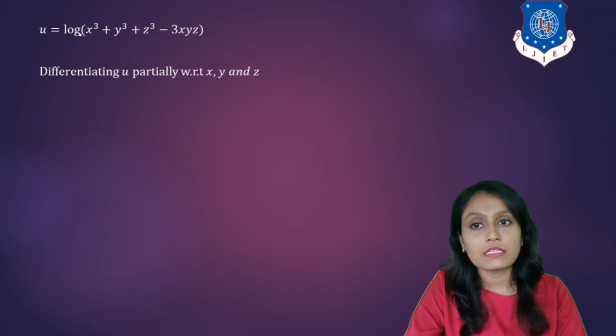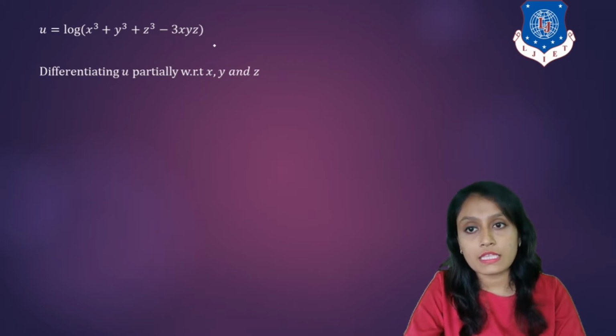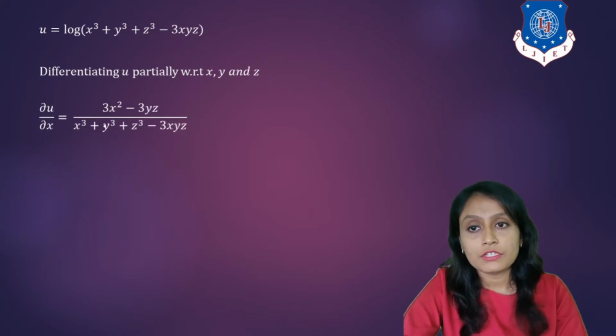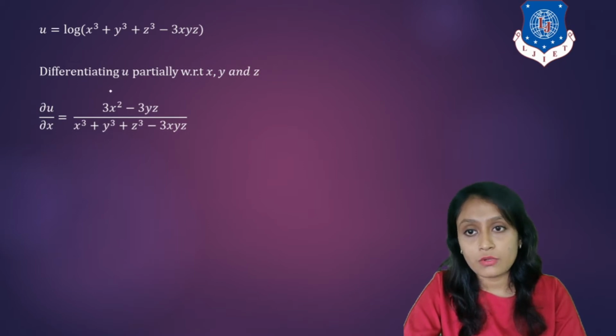So u is given, that is log(x³ + y³ + z³ − 3xyz). Firstly we'll differentiate this with respect to x, then with respect to y, and then z. On differentiating with respect to x, we get ∂u/∂x. First apply the log formula: the derivative of log x is 1/x.